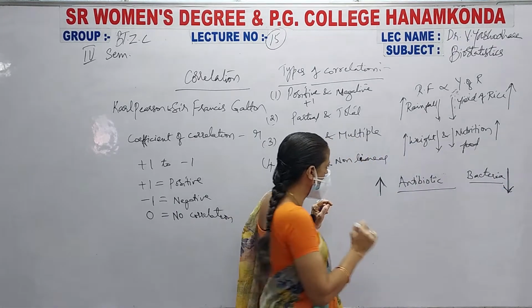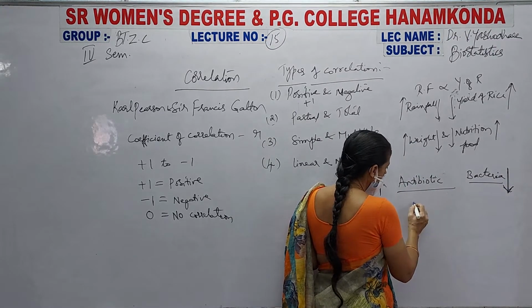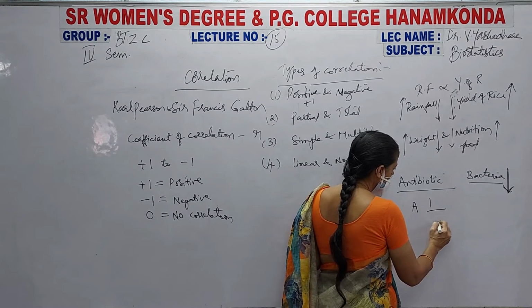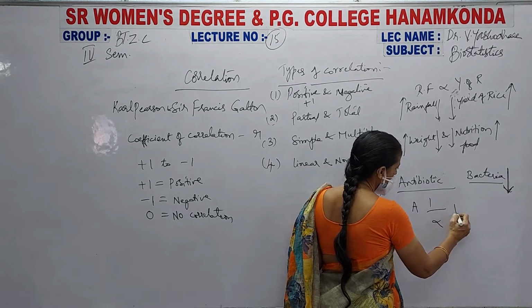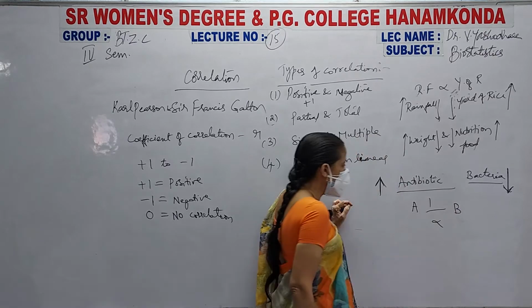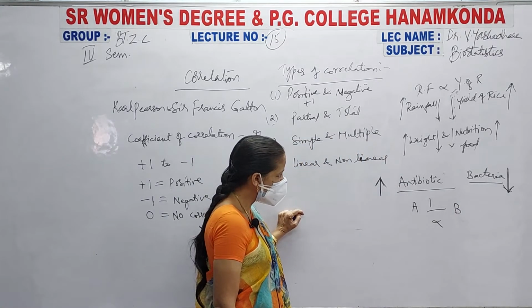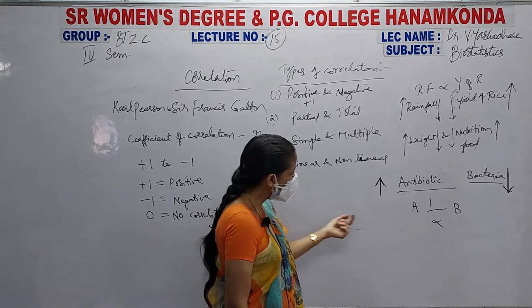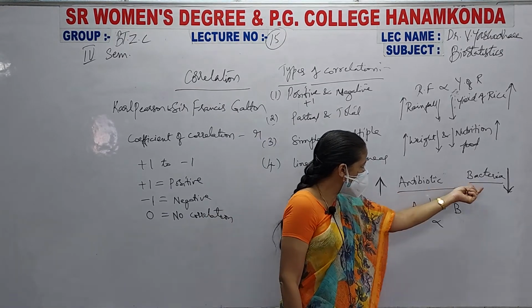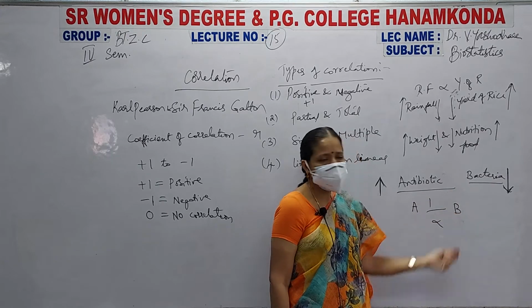First one. Next one, the antibiotic is inversely proportionate to bacteria. That means the antibiotic dose is inversely proportionate to bacterial growth. That means, see here, both variables are inversely proportionate to each other.